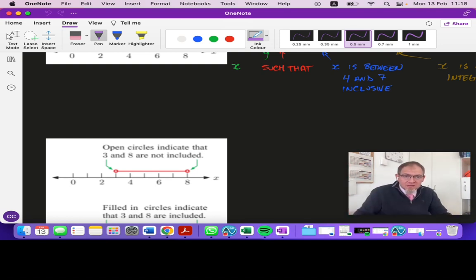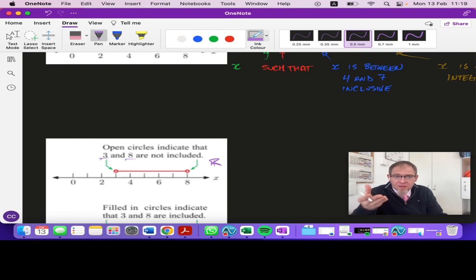Well, the numbers that exist in this case between 3 and 8, well, that's all of the real numbers. So we're going to be restricted to the real numbers because it could be pi, it could be, I don't know, the square root of 17, which would fit somewhere in there. So we need to make sure that we're including all of the values that are there.